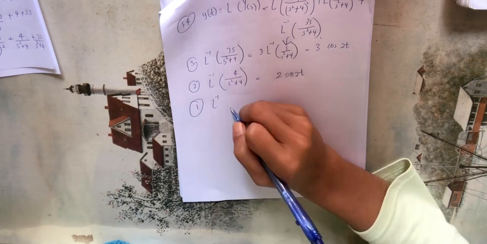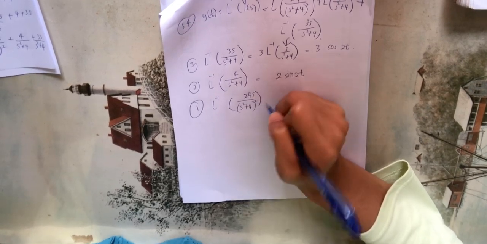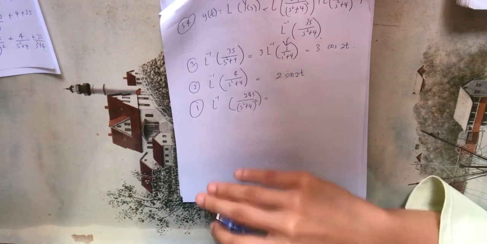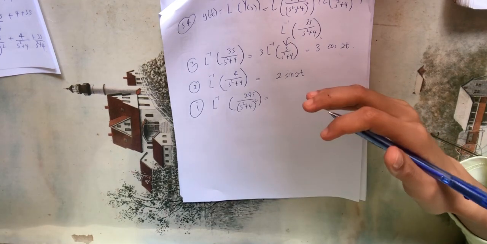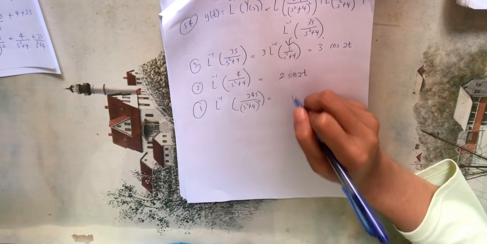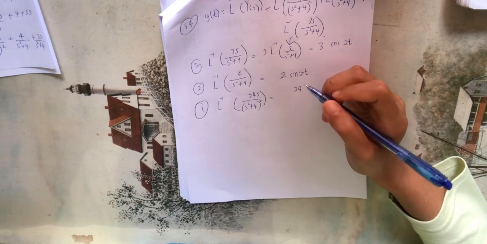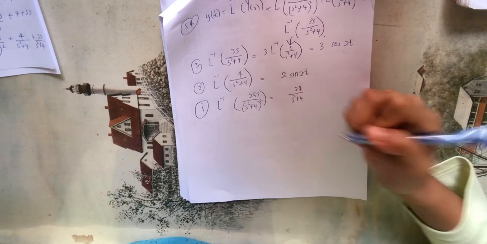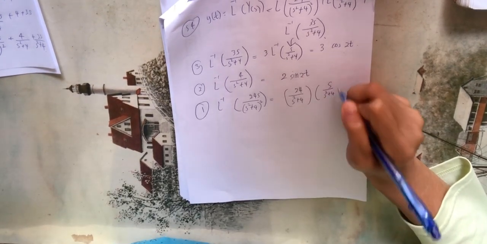Okay, the first term: the Laplace transform for 24s over (s squared plus 4) squared. Clearly you can see here this is not a single function. It's a multiplication between two. So I can split it into 24 over s squared plus 4, and then the second one, s over s squared plus 4.